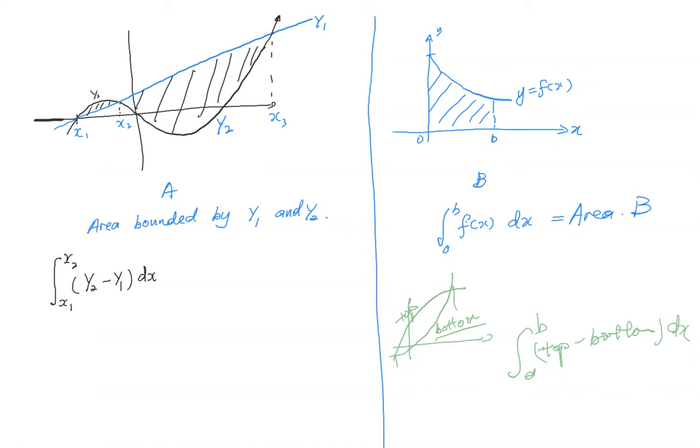Then the second one I put plus, integrate from x2 to x3. Now the top is y1, so I take y1 minus y2 dx. So I can write that expression.